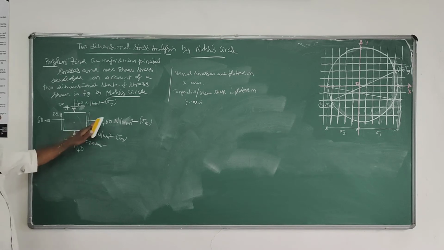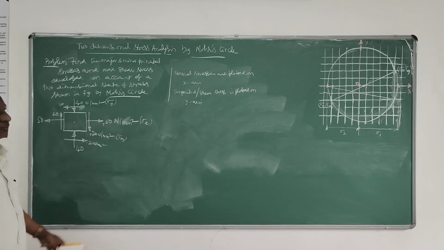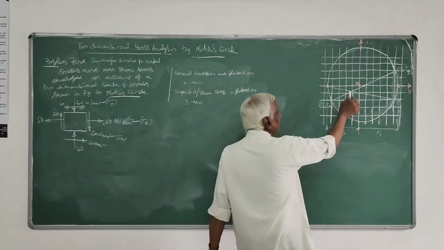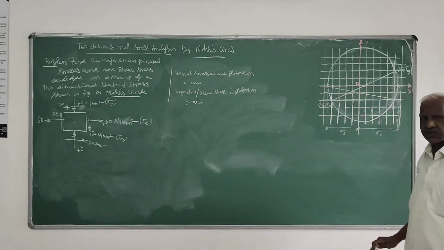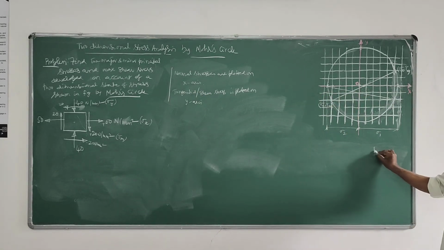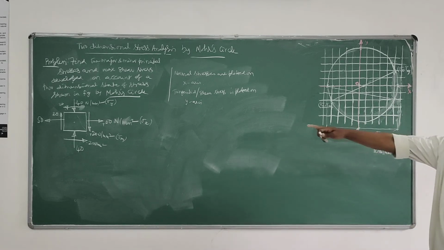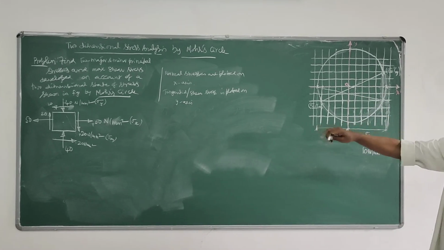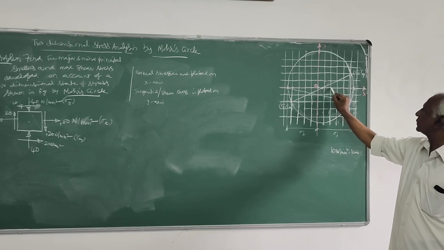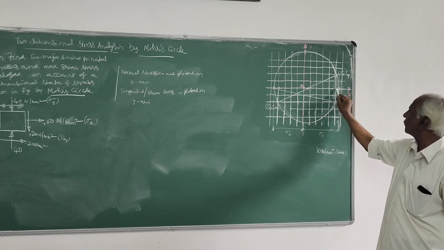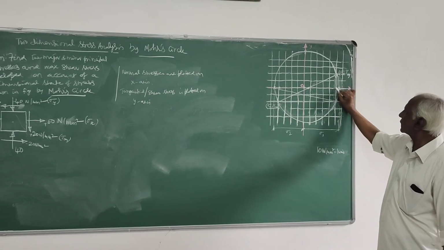On the vertical plane, first I will plot normal stress 50. So from here, I will select a suitable scale. I will select, say, 10 Newton per millimeter square is equal to 1 unit. So normal stress on the vertical plane is 50, 1, 2, 3, 4, 5. I will take here 50.